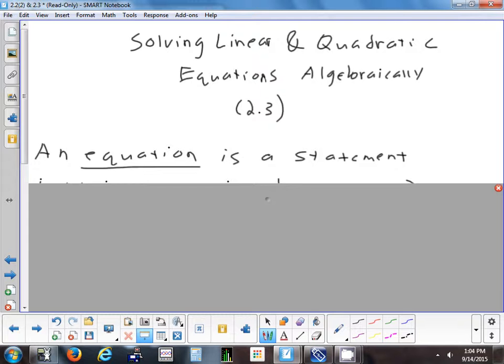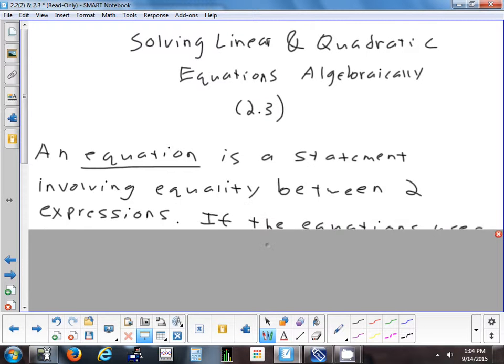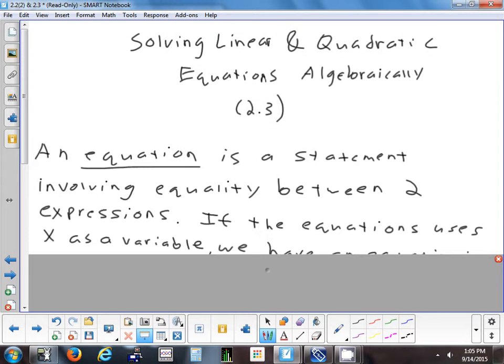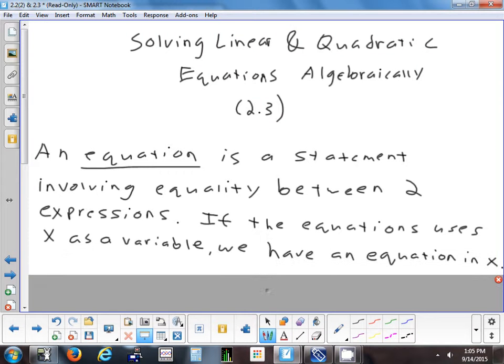All right, since we're going to solve equations, first thing I'll do is define what an equation is. An equation is basically equality between two expressions. So you've got something on the left, something on the right, and an equal sign between them. If your equation uses a variable, and let's say we happen to use the letter x, we could say we have an equation in x.